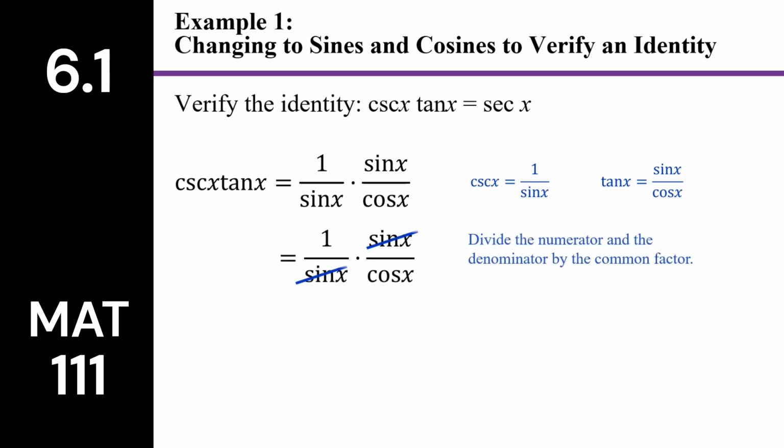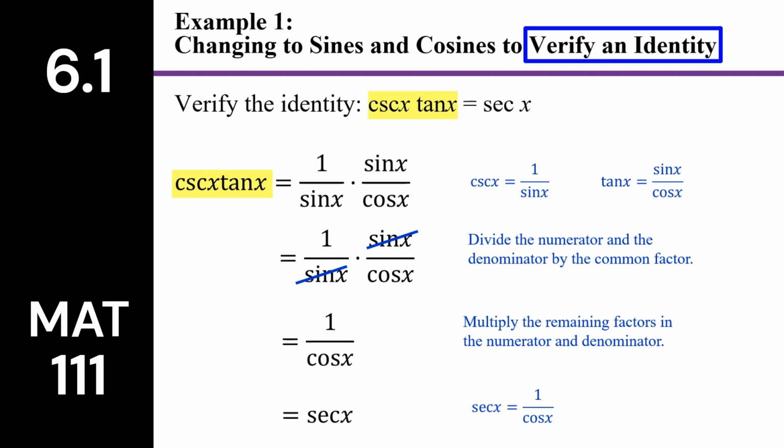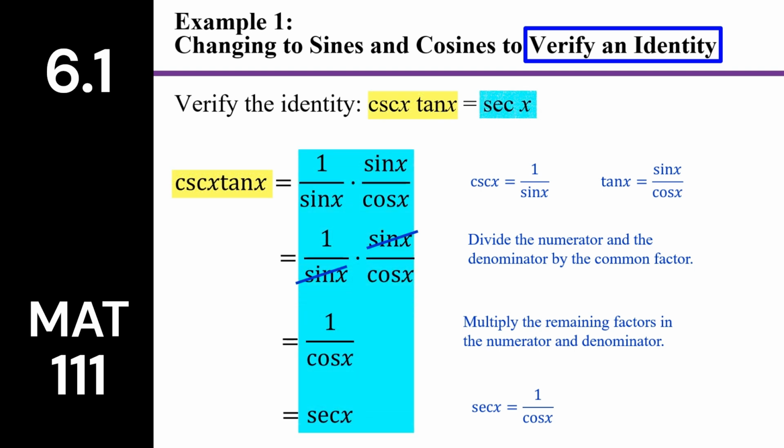Then we can cancel the sines, multiply straight across, and then we notice that the cosine is reciprocal with the secant, so 1 over cosine of x equals the secant of x. We have now verified this identity. It's considered verified because we took the left side and did the algebra to obtain the right side. And the strategy that we used was changing to sines and cosines.